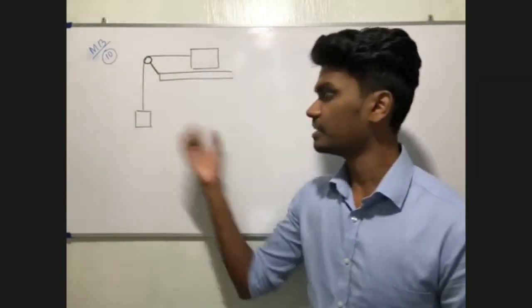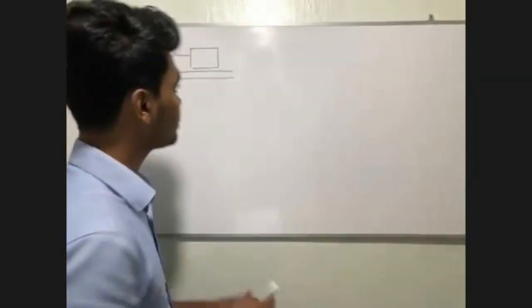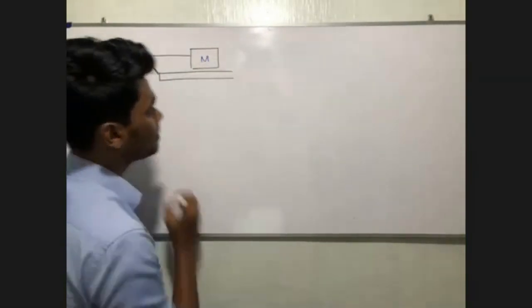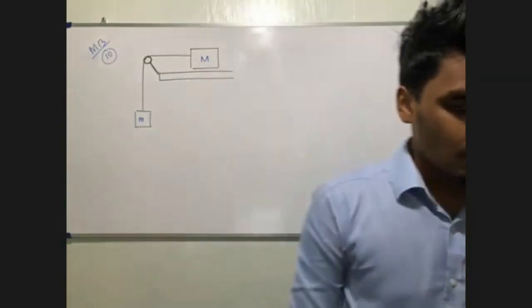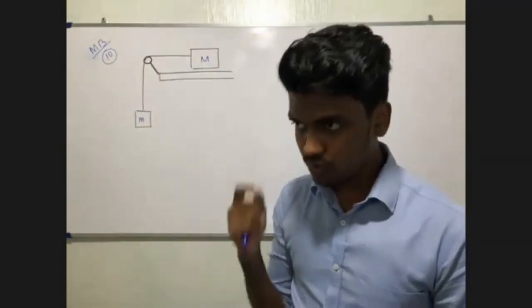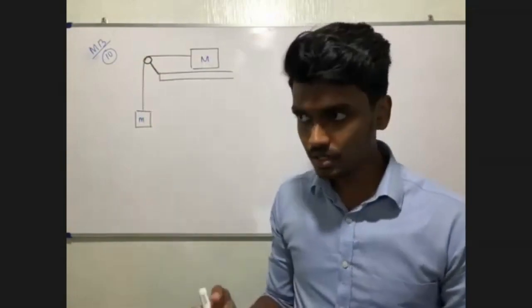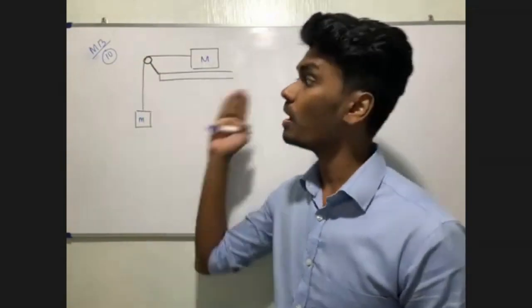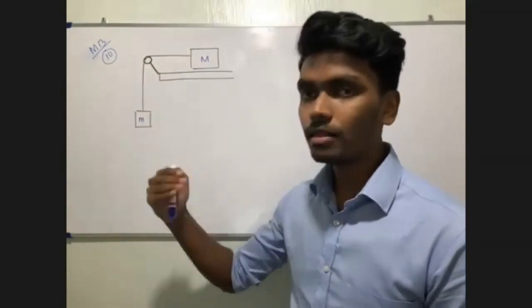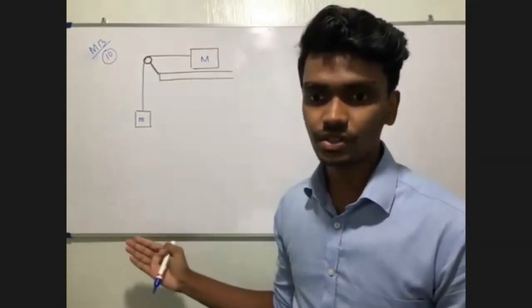System is this. The mass here is capital M, and this is simple m. So before you attempt an F equals ma question, before you attempt a Newton's laws question, make sure to mark all the possible forces of the system first, and then start to proceed, right?